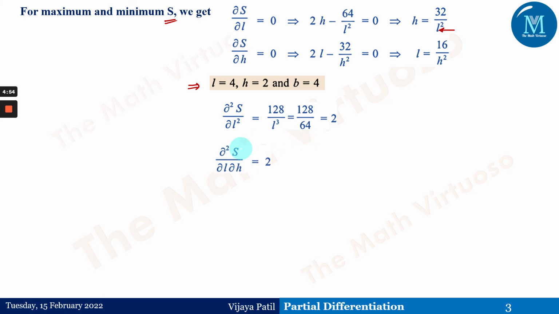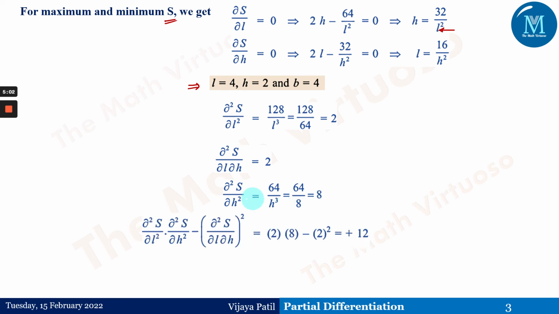Similarly, dou square S upon dou L dou H is 2, and dou square S upon dou H square is 64 upon H cube, that is 8. If you observe here, it's RT minus S square, where R, S and T are these second derivatives. RT minus S square is the condition for the existence of minima or maxima at the particular point.